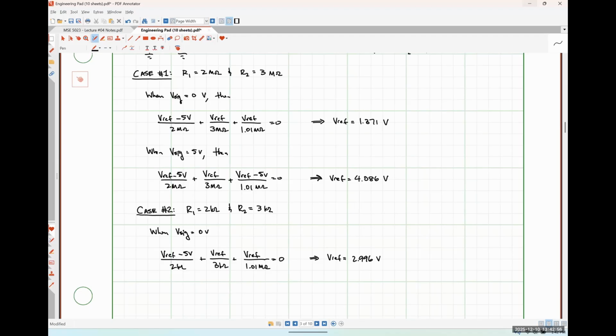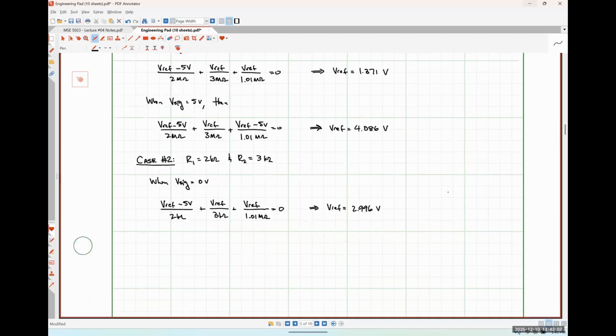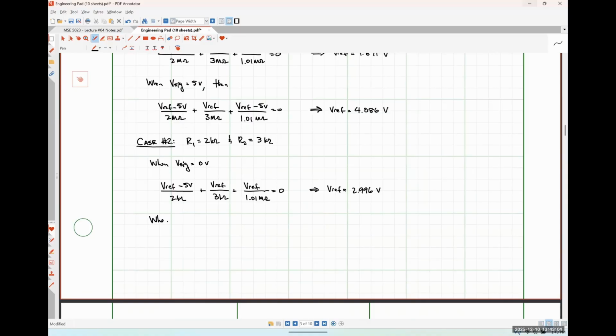So it's not perfectly 3 volts, but it's pretty close to 3 volts. Very similarly, when Vsig is equal to 5 volts, then we would have (Vref minus 5 volts) over 2 kilo ohms plus Vref over 3 kilo ohms plus (Vref minus 5 volts) over 1.01 mega ohms is equal to 0.